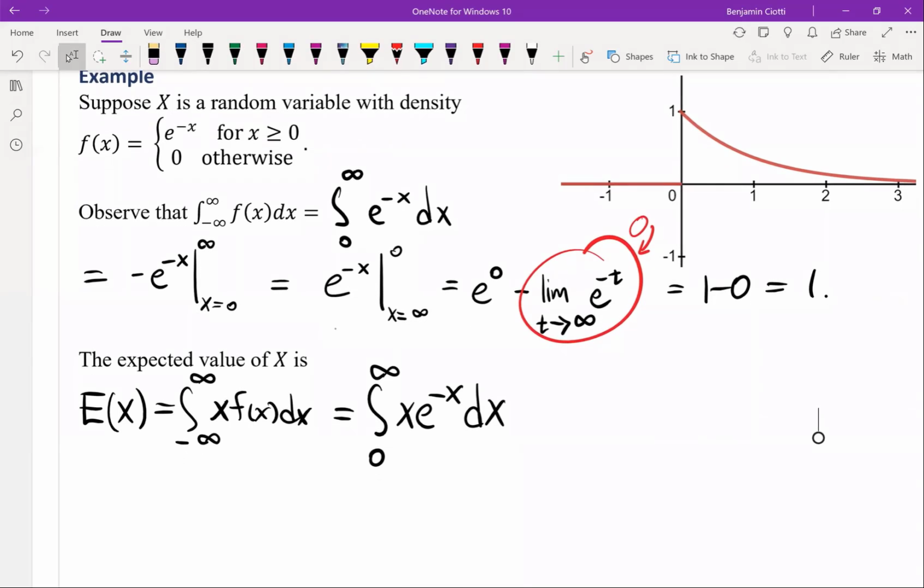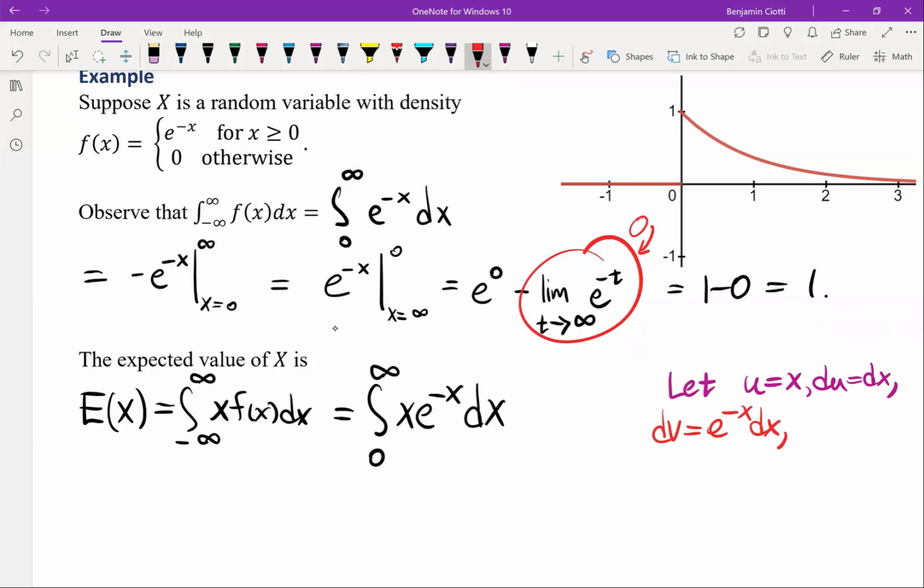Remember how to solve these? This is an integration by parts problem. So let's let u equal x. So du is dx, and let's let dv be e to the negative x dx. So v will be negative e to the negative x. And you can see that right here, I've got a dv, and right here, I've got my u.